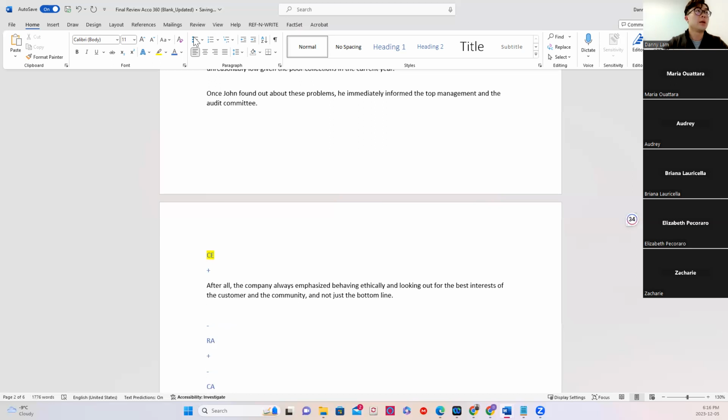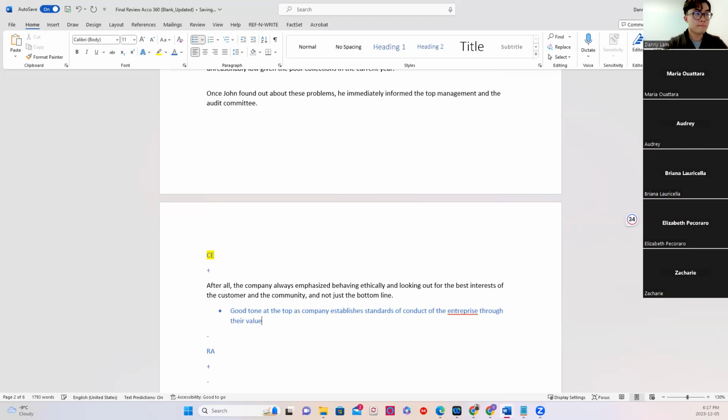Then you'd say: good tone at the top, as the company establishes standards of conduct of the enterprise through their values.